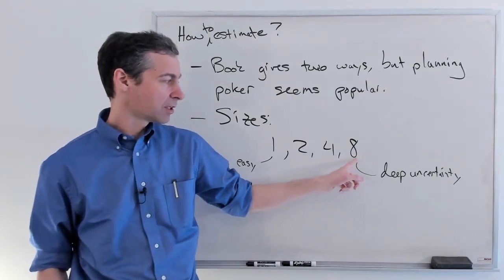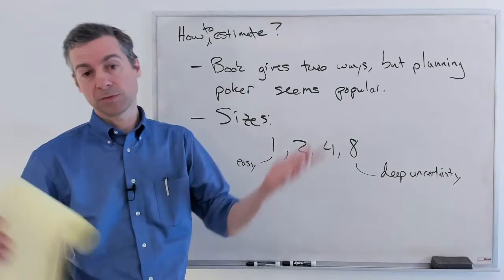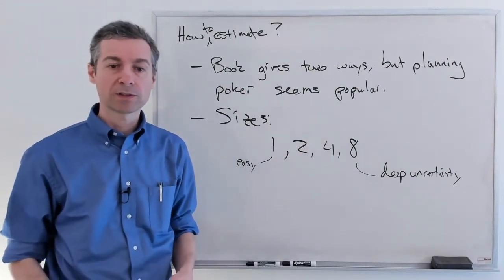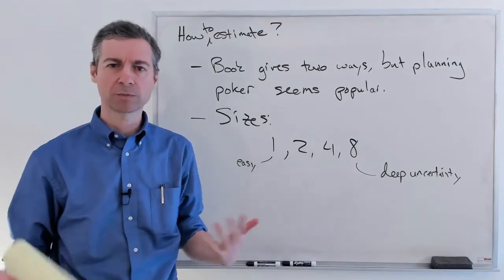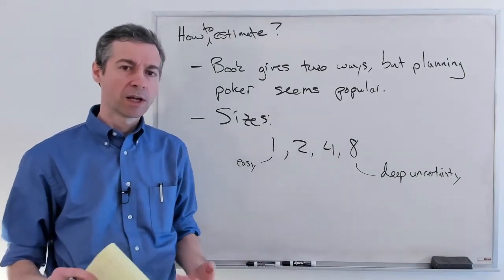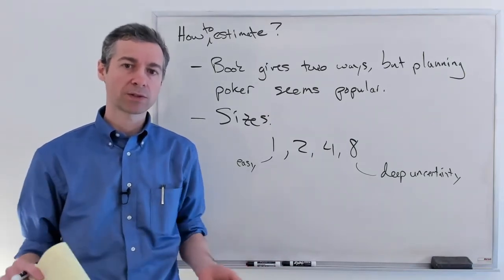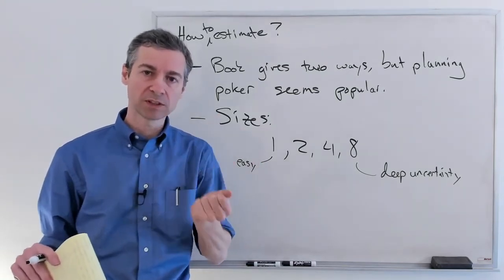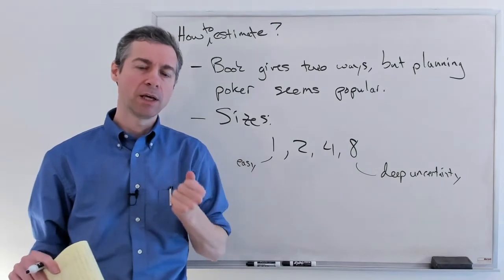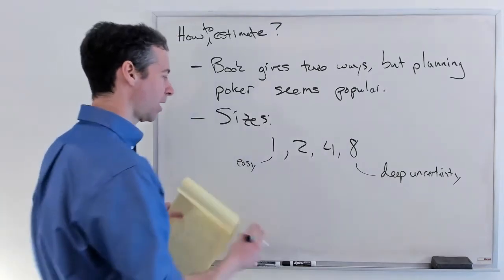If you get a story and the team thinks it's an 8 or even a bigger number, that story's too big. You don't understand it well enough. It has too much work, too much complexity. Its size is too large. And the team then needs to break that story up into smaller stories that they feel they actually can comprehend and understand the work.